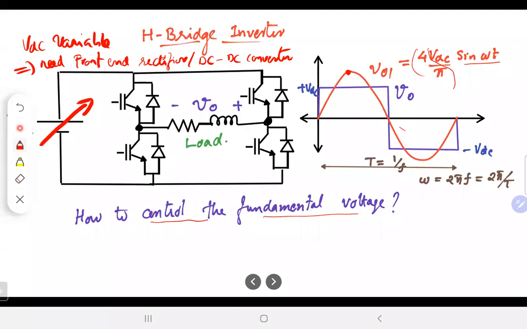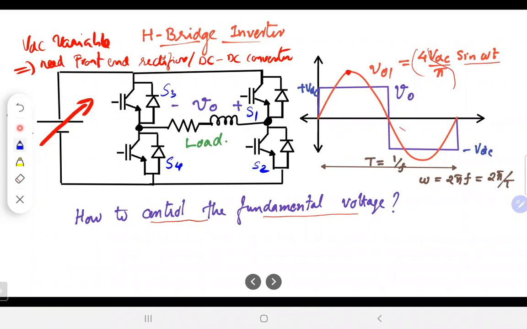Now, as I've already discussed in the previous H-bridge discussion, we have bipolar options also. In the previous example which we started, we said that I will keep S1 and S4 on, and S3 and S2 on. These are the combinations which we had.